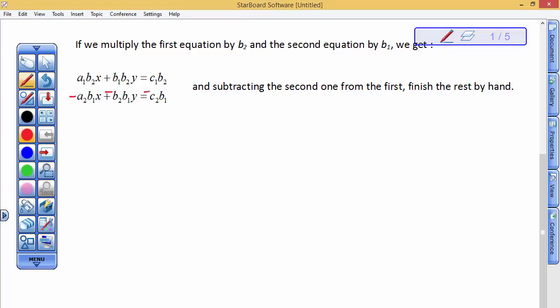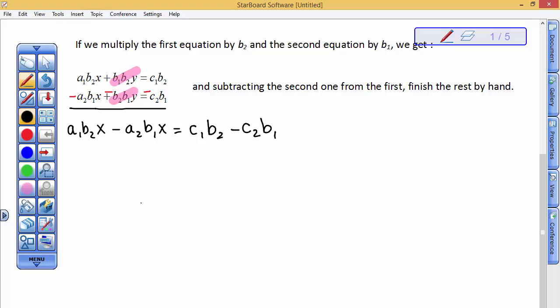So let's change this to a minus sign. And so in the process, what was left on the left side was a1 b2 x minus a2 b1 x. This is gone. Those had to be 0. And on the right side, Cramer had c1 times b sub 2 minus c2 times b sub 1.